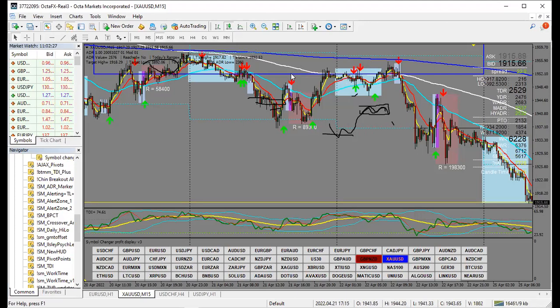Yesterday you said US 30 was going for a reset, right? And it's already on 200. So now on 1 hour or 15 minutes, we should be expecting more downtrend.